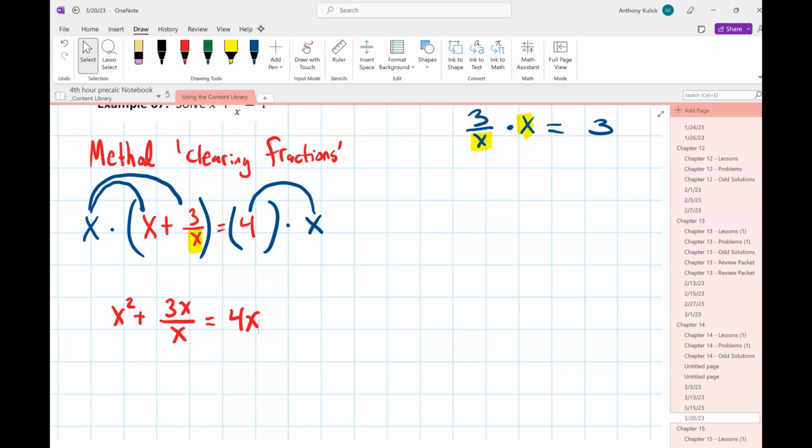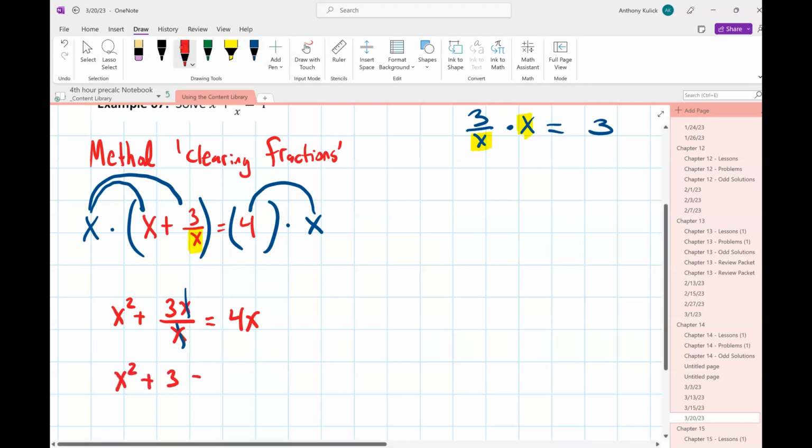So we have x squared plus 3x over x equals 4x. What do you notice about the fraction here? It can cancel. What can cancel? The x. Now, what kind of an equation do you notice we're left with? x squared plus 3 equals 4x.